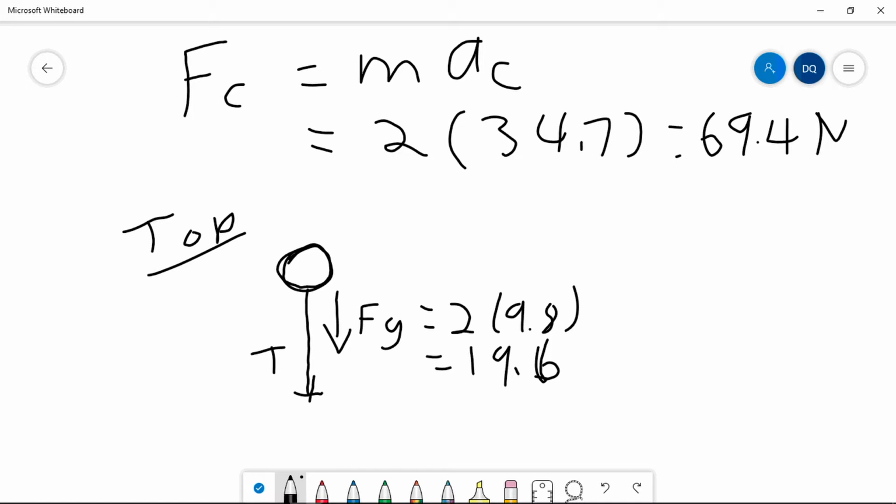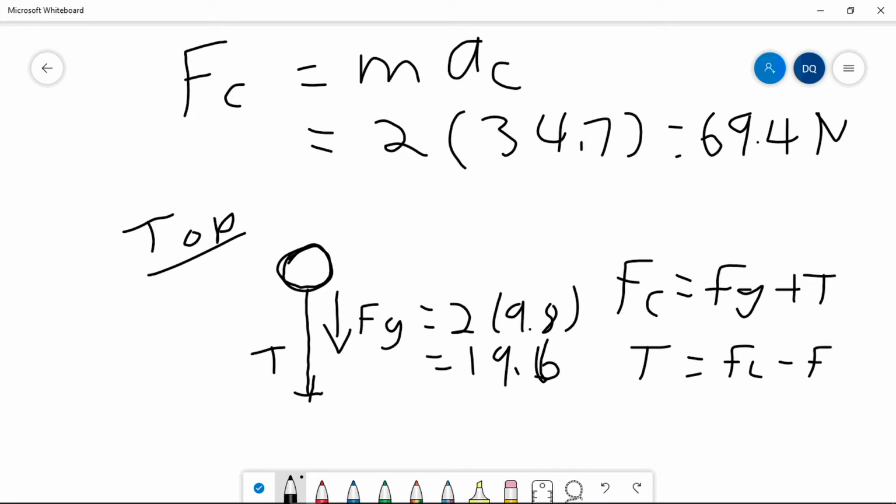So when it's at the top, you know that the net force is the centripetal force, and that's going to be equal to the force of gravity plus tension. That means that the tension when it's at the top is the centripetal force minus the force of gravity. Because gravity is pulling the bucket down, plus tension in the arm is pulling the bucket down.